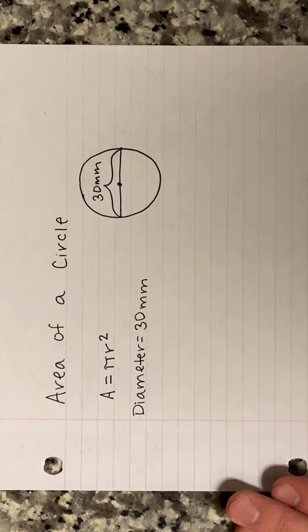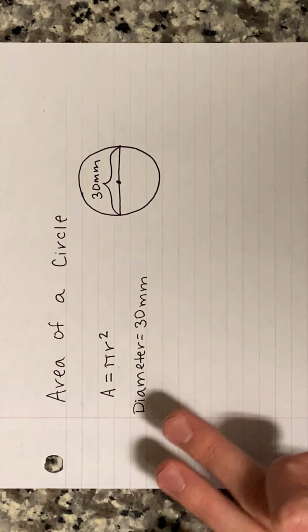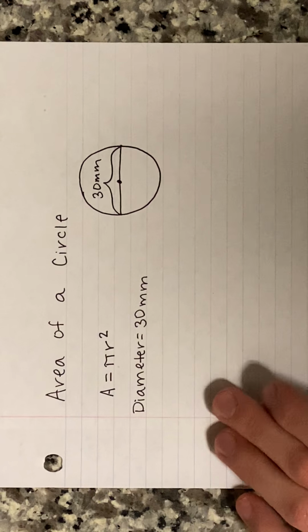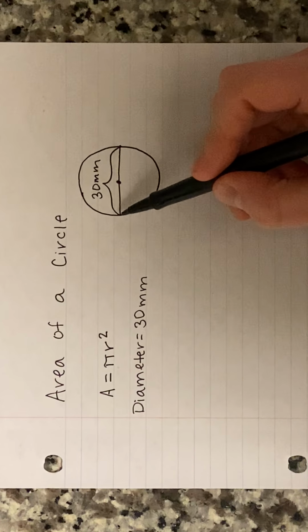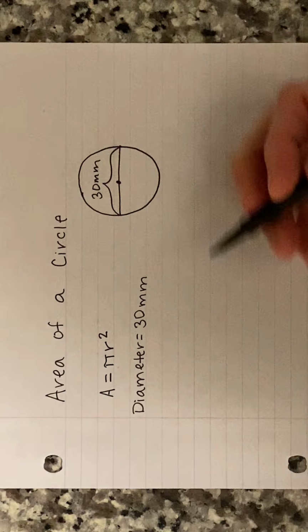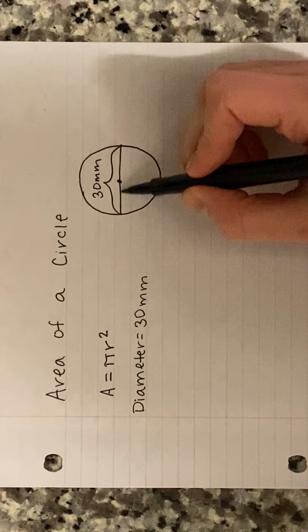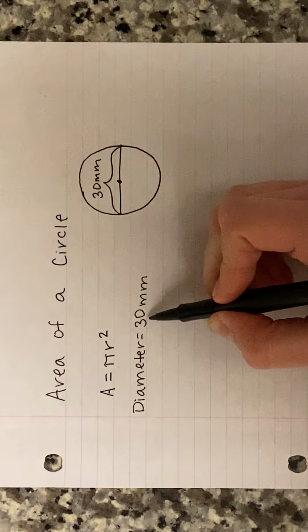So in order to figure out the area of the entire circle, we don't need the diameter, we need the radius. And what we know is that the radius is the halfway point from the side to the middle point of the circle. So that must mean that if this whole thing is 30 millimeters, the radius is half of 30.